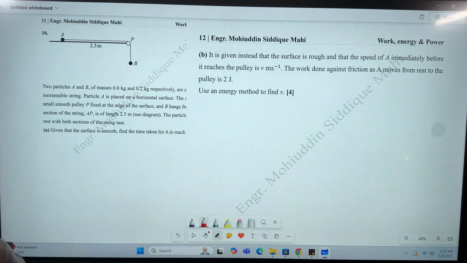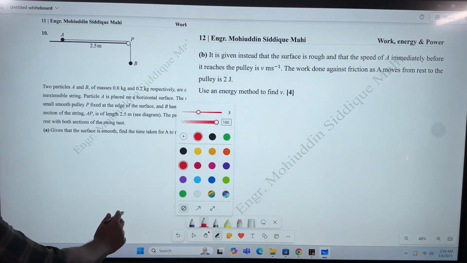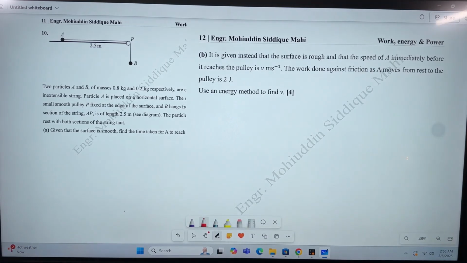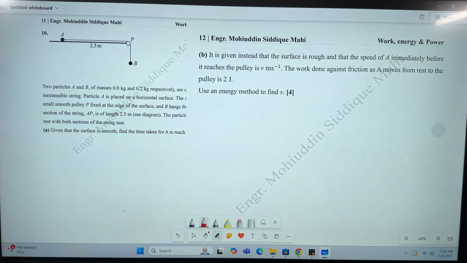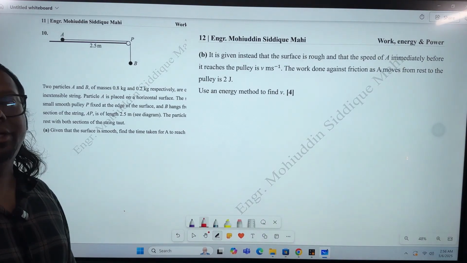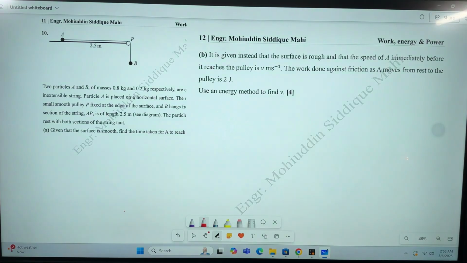The surface is rough, and the speed of A immediately before it reaches the pulley is v meter per second. The work done against friction as A moves from rest to the pulley is 2 joule. Use an energy method to find v. So at first we need to make an equation related to conversion of energies.